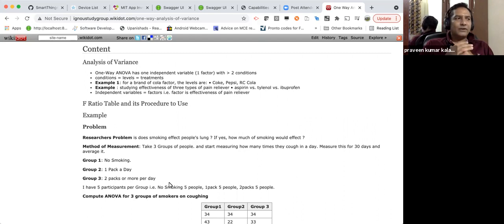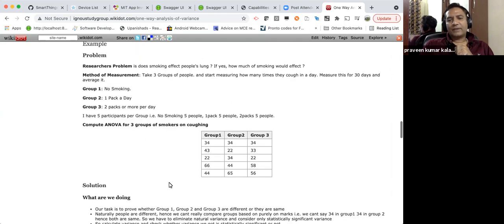You have a group which doesn't smoke, a group which smokes less, say one pack, and a group which smokes more than one pack, two or more. So how do you determine that smoking really affects lung health or not? Forget about the process for ANOVA for now.